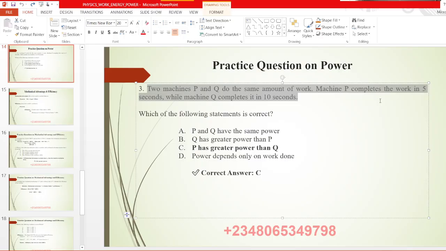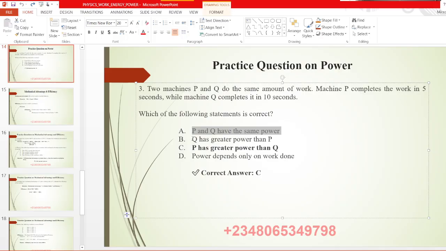For machine P to have completed the same amount of work in 5 seconds shows that it exerted a greater force, and that's what you should look for in the answer. P and Q have the same power? No. Q has greater power than P?